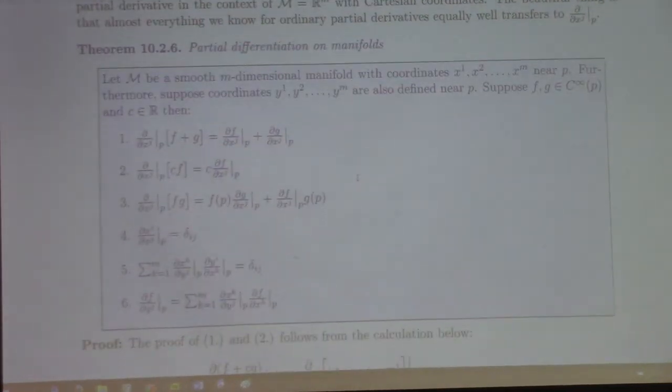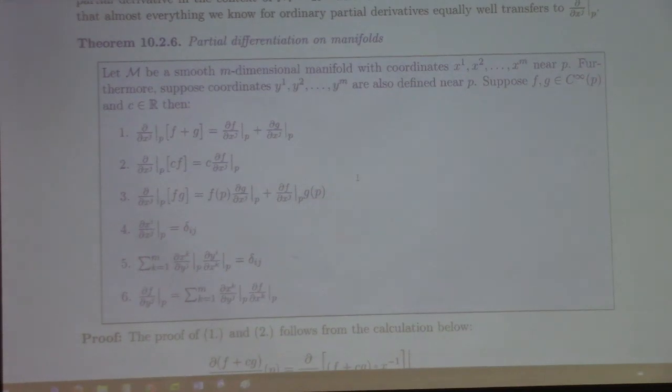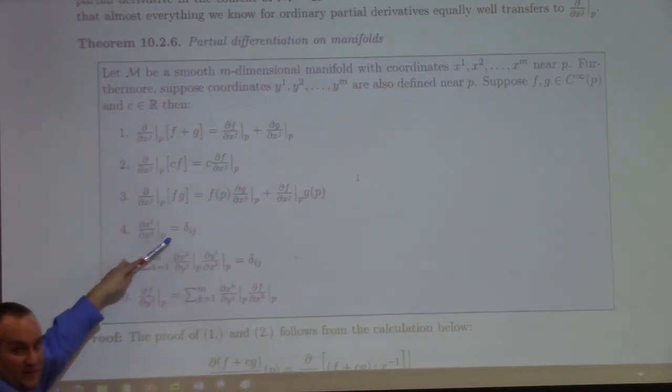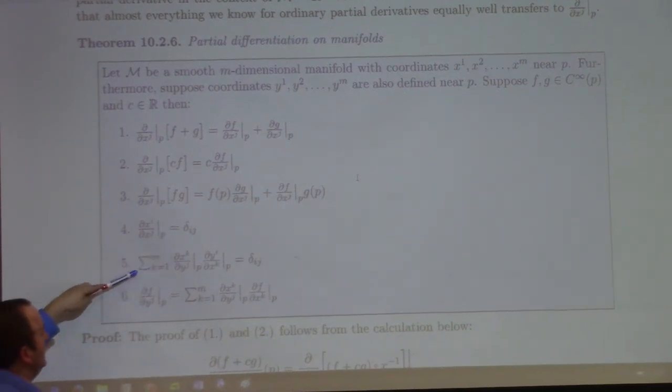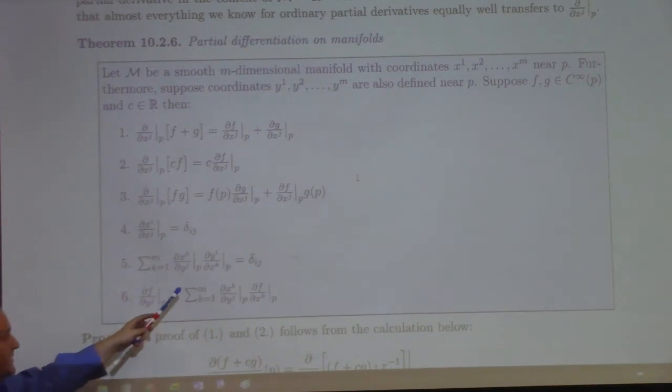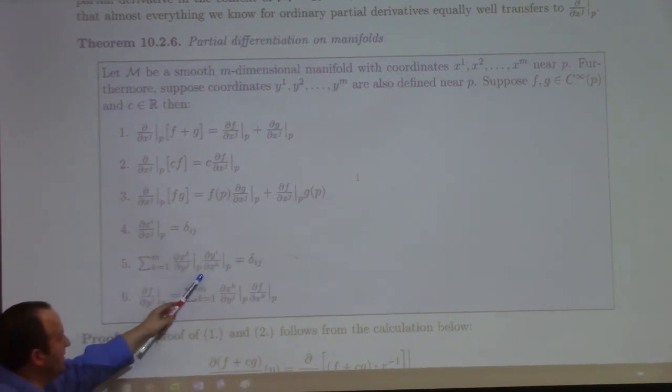So here are the properties of partial derivatives on manifolds. The derivative of a sum is the sum of the derivatives. You pull constants out. You have a product rule. You have independence of coordinates on the manifold, just like you have independence of Cartesian coordinates. If you have two different coordinate systems, x and y, here's how they're related: partial x_i, partial y_k at p times partial y_k, partial x_j at p.